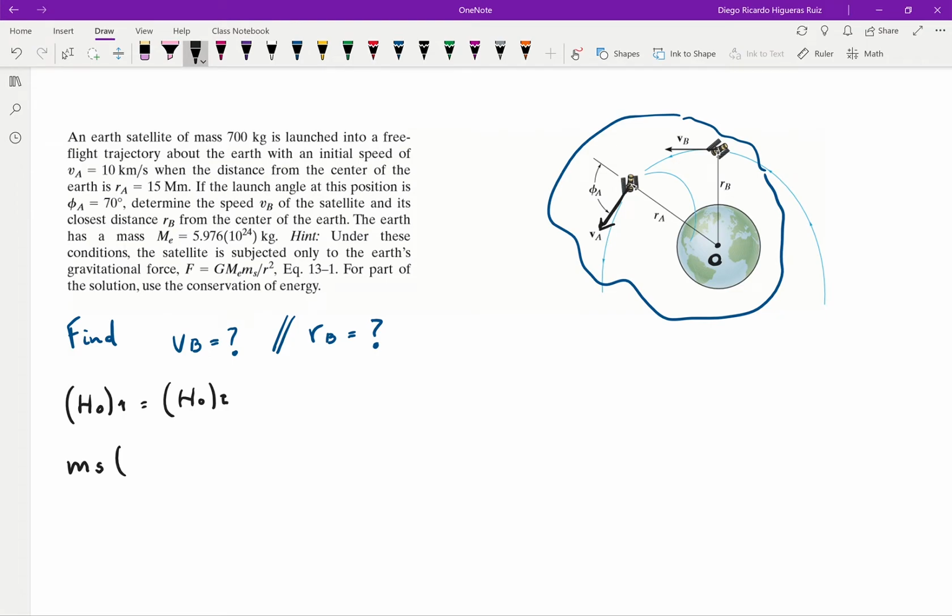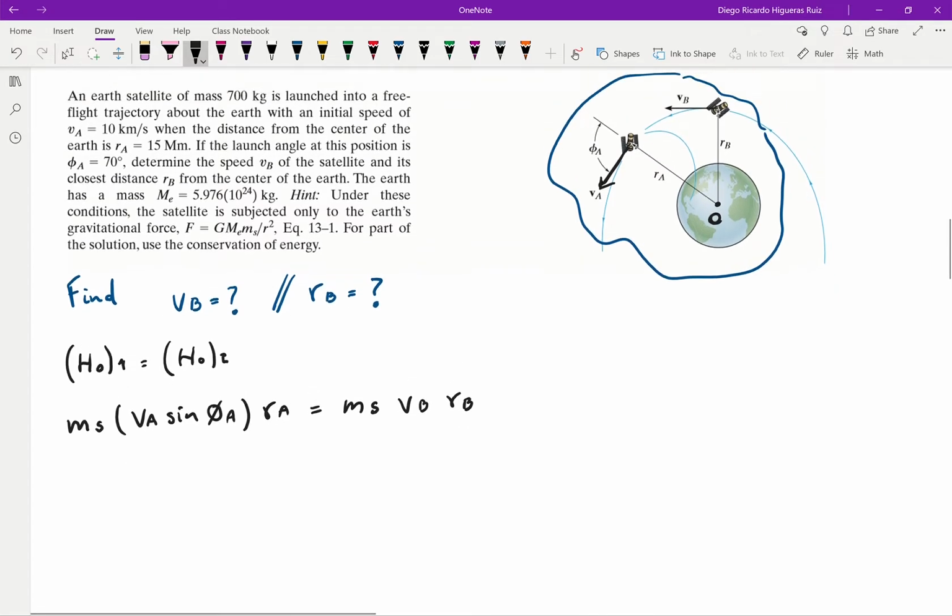So it's gonna be VA sine of VA times RA. And that's gonna be equal to the mass of the satellite times VB times RB. Alright, first equation, it's right there.